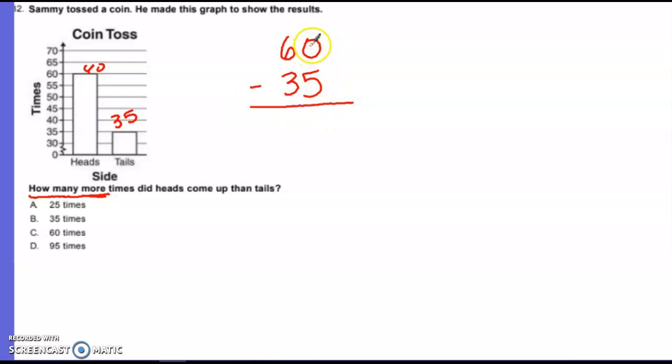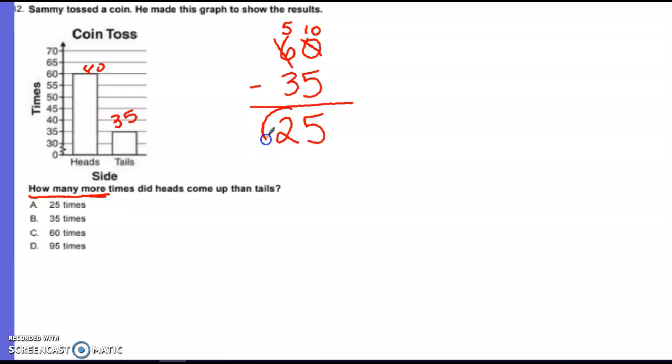I start with my ones, 0 minus 5. I can't do that, so I'm going to fair trade. I'm going to take one from this neighbor, and I'm going to leave them with 5. And I'm going to bring that one that I borrowed over here and make this a 10 instead of a 0, which now I can do 10 minus 5, and I know that equals 5. And I can now do my tens place, which is 5 minus 3, which equals 2.